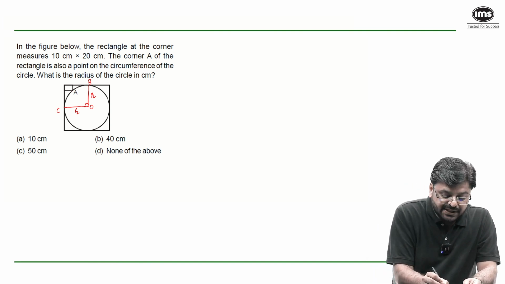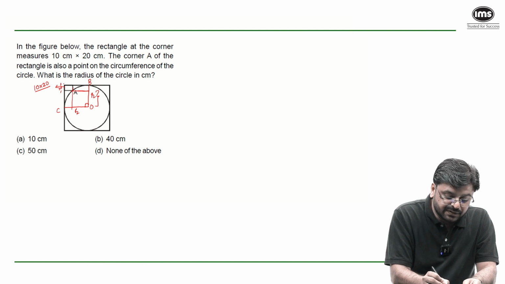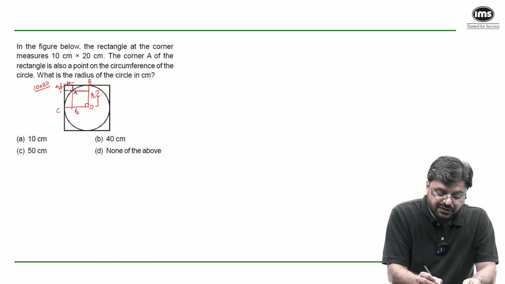Now, if you extend this point like this and join here, this part is a rectangle of 10 by 20. So this part is 10, and this is 20.